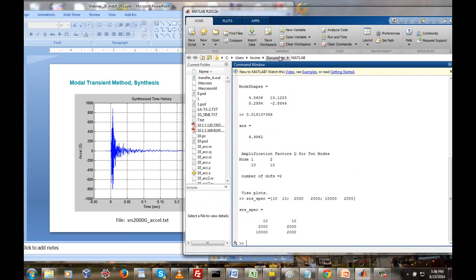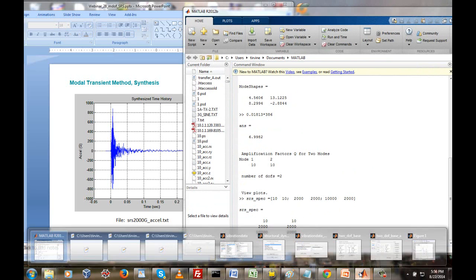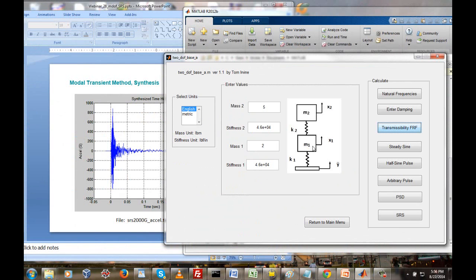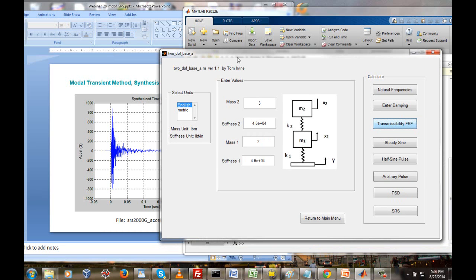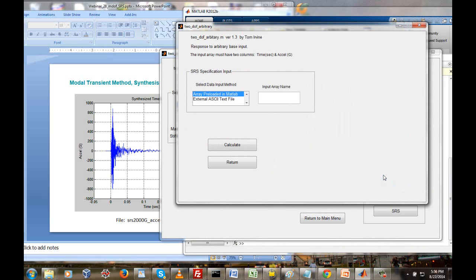Let's go to our vibration data GUI, and actually we want to go back to this 2_DOF_base_A where we've already been before, and let's do an arbitrary pulse. So we're going to use the digital recursive filtering relationship for applied force. And this is a response to arbitrary base input.